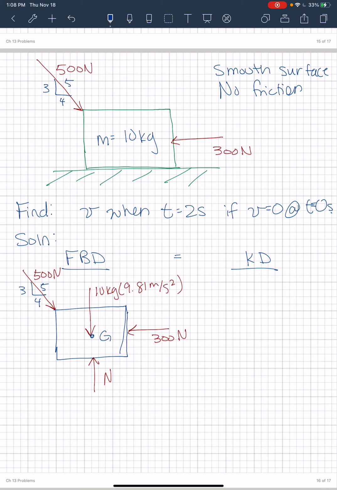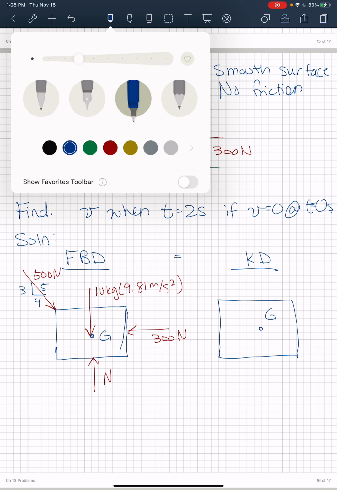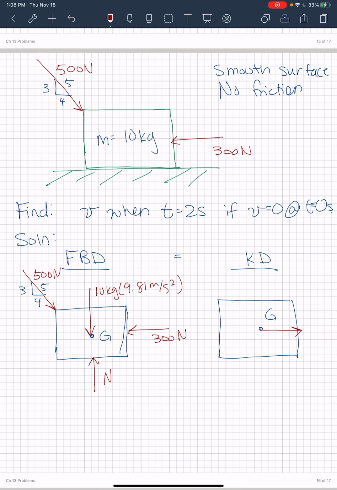So now we can draw the kinetic diagram also. So we have this, and G, and then we have mass times the acceleration in the x direction, and that mass is 10 kilograms, so that would be 10 kilograms times a sub x.